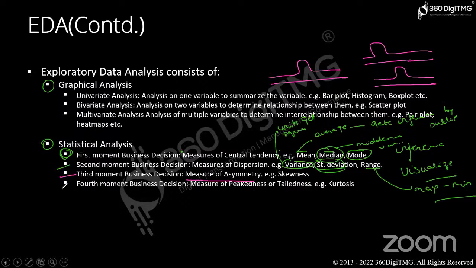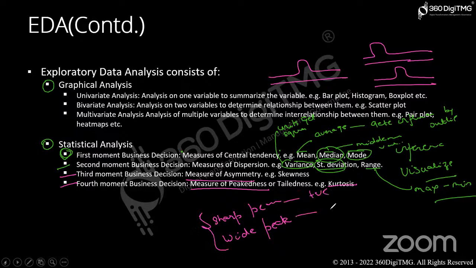You also have in the fourth moment the measure of peakedness, or your kurtosis. We measure whether we have a sharp peak or a wide peak. This denotes positiveness, this denotes negativeness. These four business moments you need to do when you are performing your EDA.